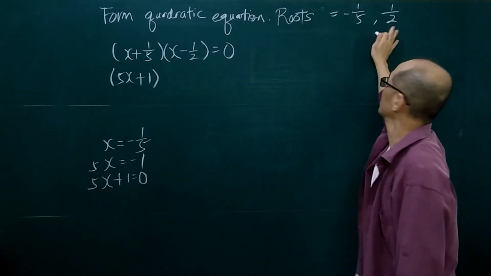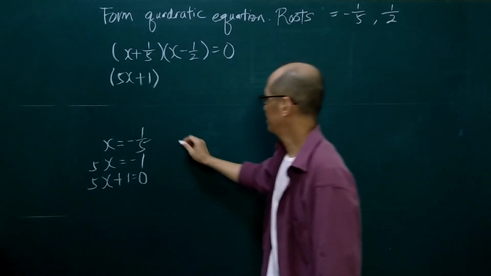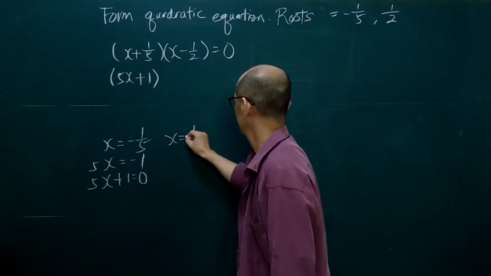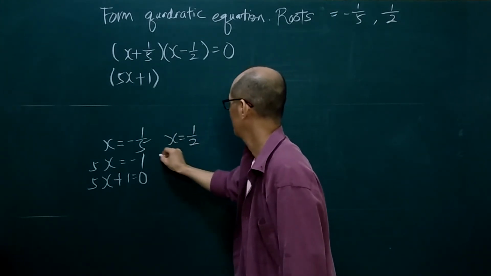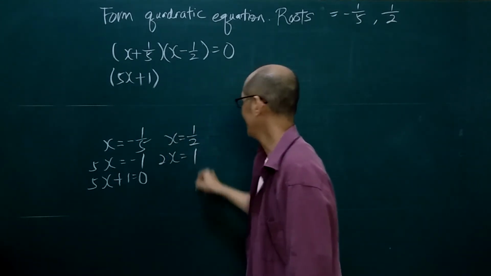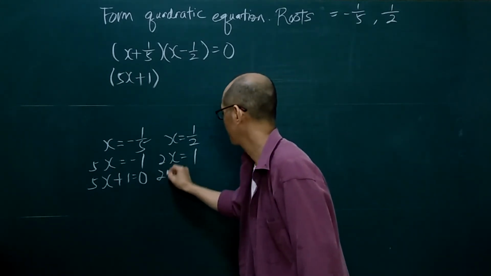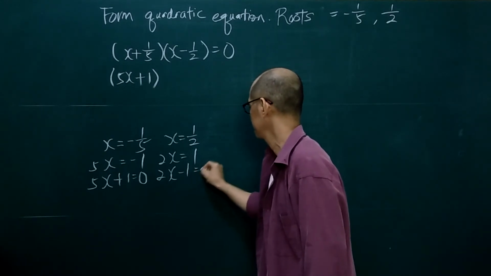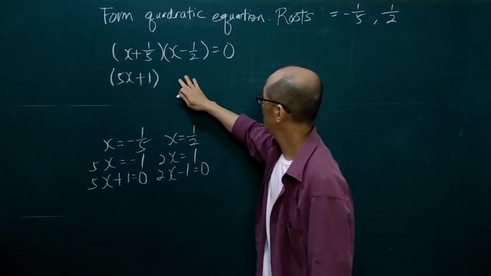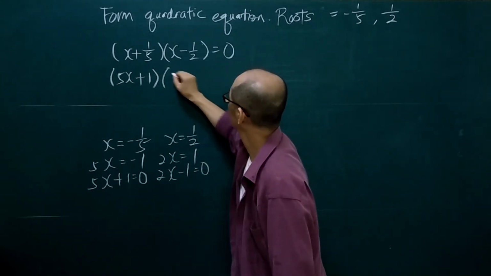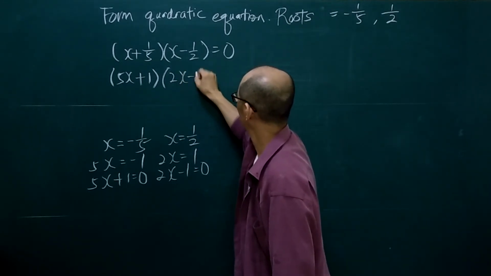And then for 1 over 2, we are going to do the same. So 2x equals 1. And then we move 1 to the left hand side. So here it is 2x minus 1.